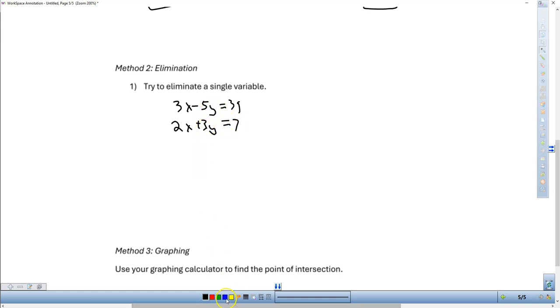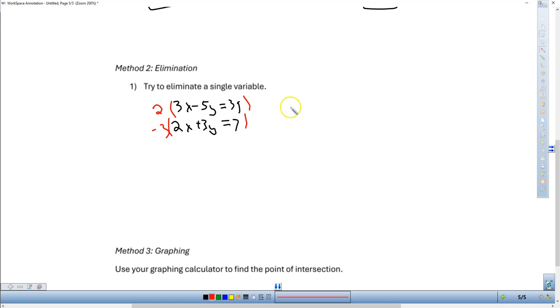And we do elimination here. What we're going to do is try to find something that can get these to cancel. So for example, I might look at this 3 and 2 and say, I can turn these both into 6's, which means that this top is going to be multiplied by, let's say, 2, and this bottom by negative 3. And that would allow me to eliminate these very easily.